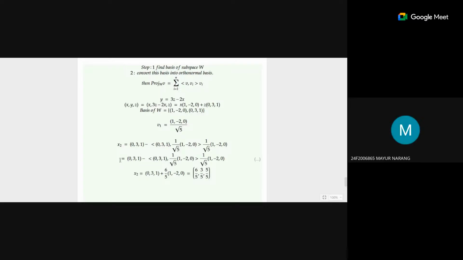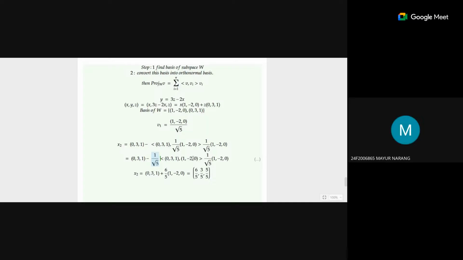So we can take this outside, right? This is also a scalar, and this is also a scalar. If you multiply these two things, we get 1 by 5.